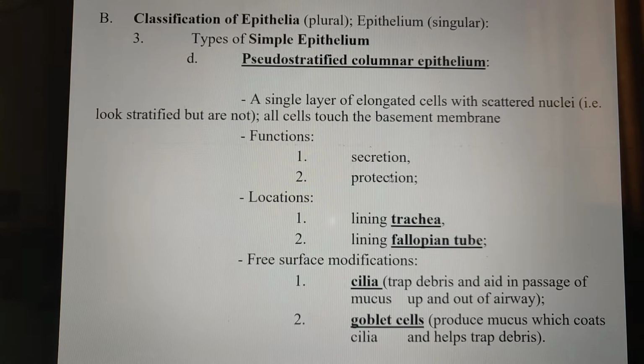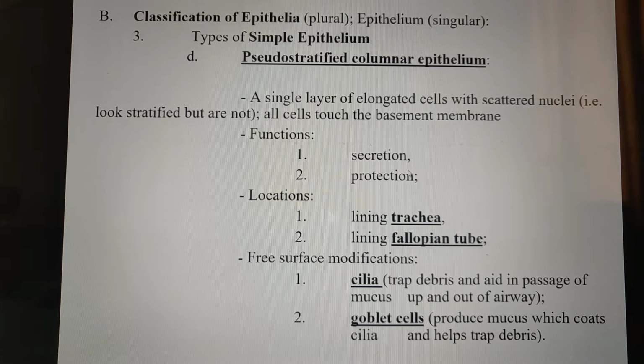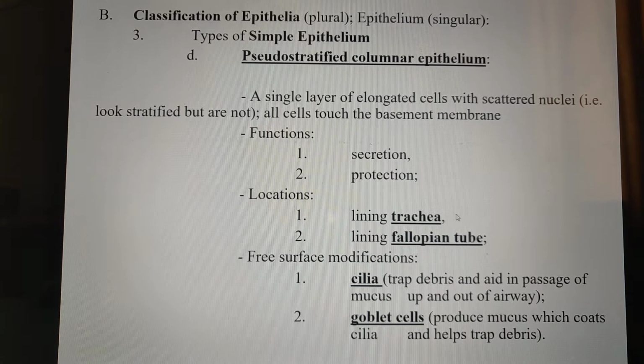It is a single layer but looks like stratified, that's why it is called pseudostratified columnar epithelium. The main functions are secretion and protection. It lines the trachea, the bronchi and the fallopian tube.